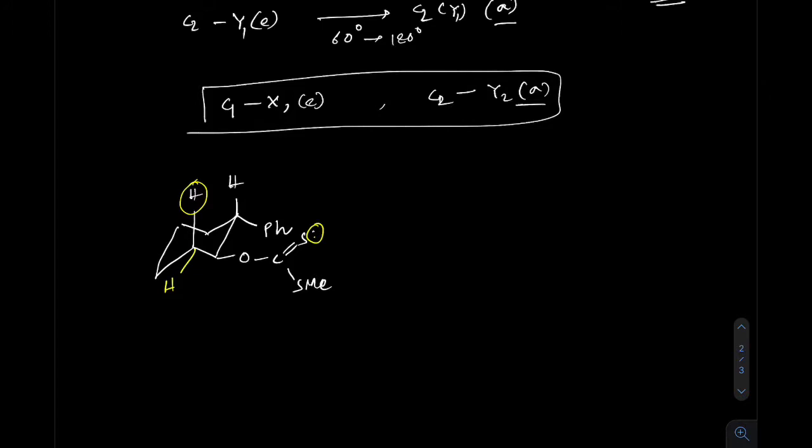These axial hydrogen and this equatorial sulfur can take part in pyrolysis, or there is another option of taking part of that hydrogen. So there are two axial hydrogens which are cis to this group, therefore there will be two products.